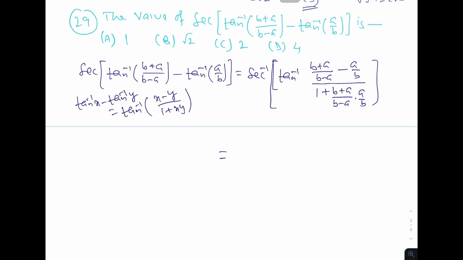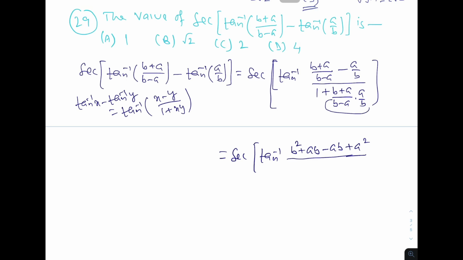So now this is equal to sec of tan inverse. Now we can simplify. So this b minus a into b, you can take it LCM. So b multiply here and b minus a multiply here. So that is b square plus ab minus ab and minus minus plus a square.